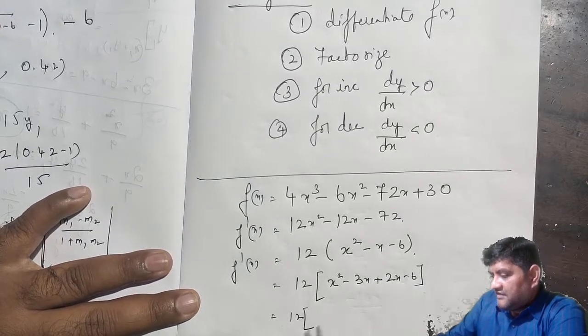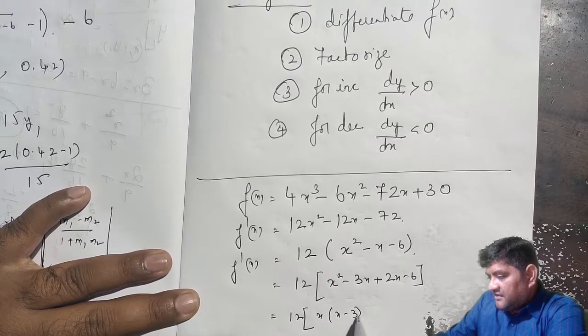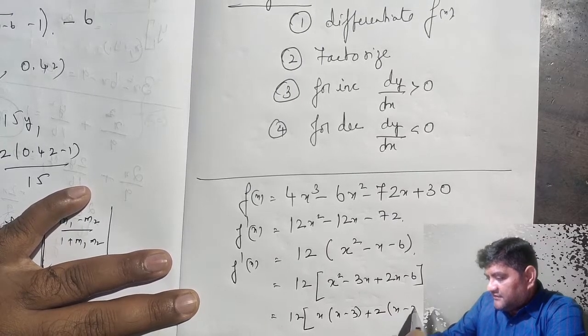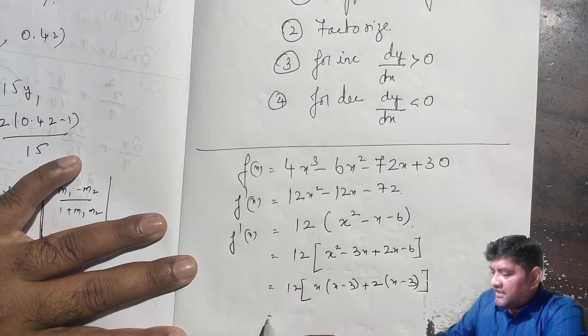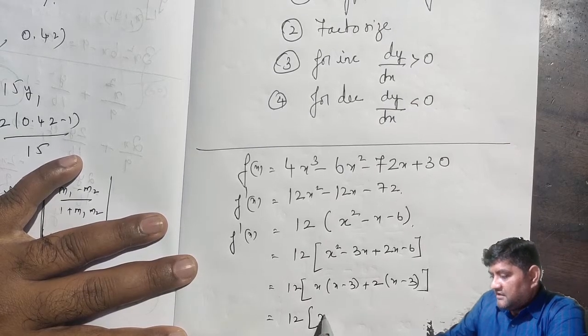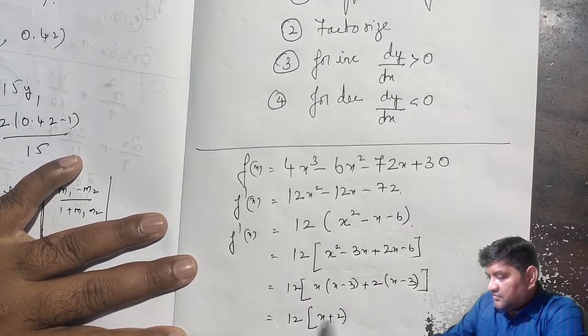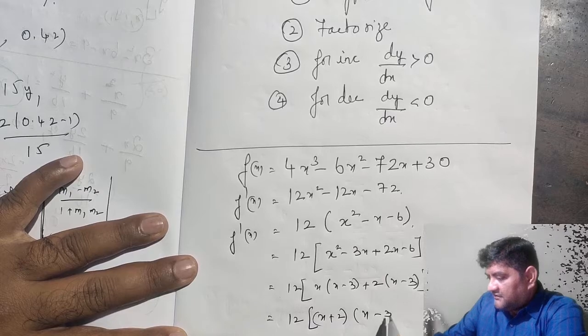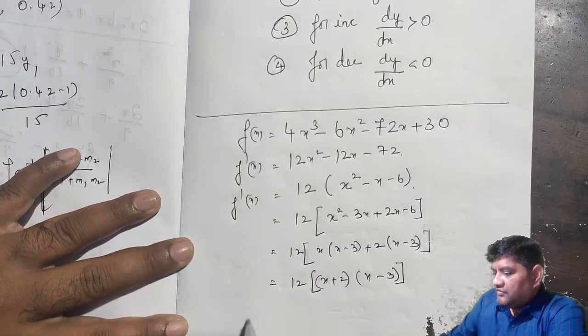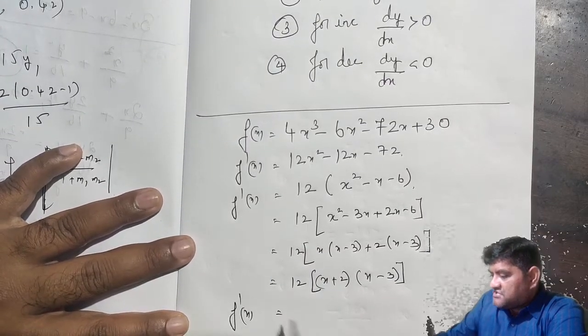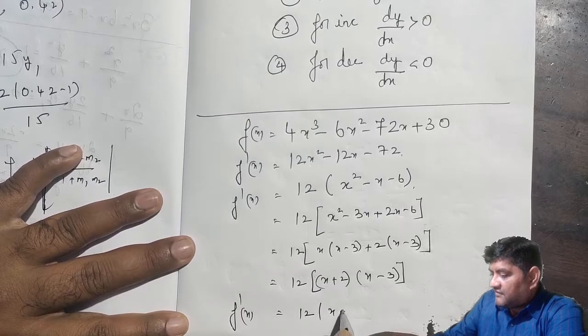So this is 12, x taken common out, x minus 3, plus 2 taken common out, x minus 3. So ultimately, I'm going to have x plus 2 into x minus 3. So you have differentiated and you have factorized it.